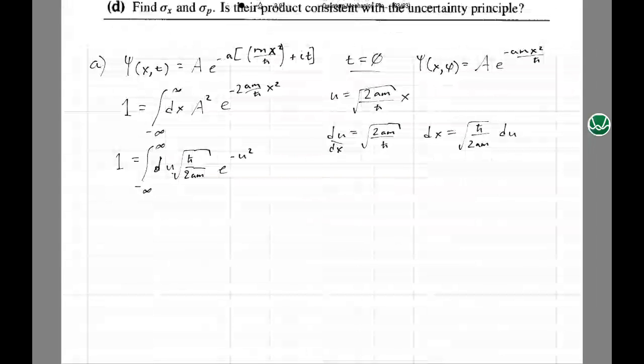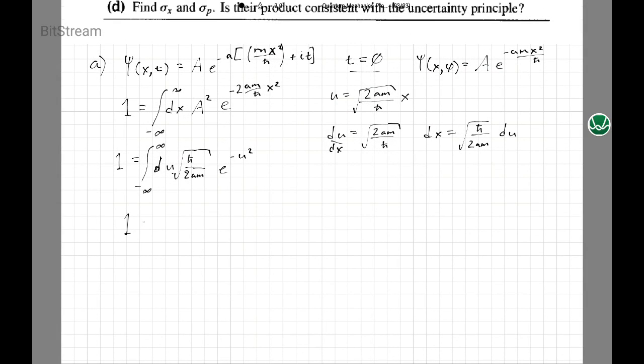Okay. And then we just have e to the u squared, meaning this guy comes out in front here, and that integral of our Gaussian at that point, so over all space, is just going to be square root of pi. So then we get square root of pi. Oh, and I had my A squared.